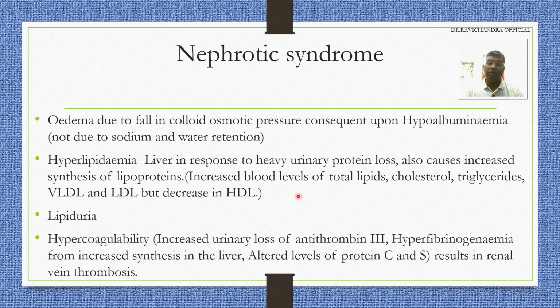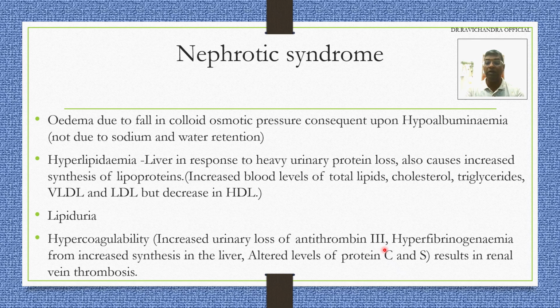As there are more and more lipids produced, there will be passage of lipids in the urine, resulting in lipiduria. And there will be hypercoagulability because of the increased urinary loss of antithrombin 3. All other factors are decreased, but fibrinogen is increased.